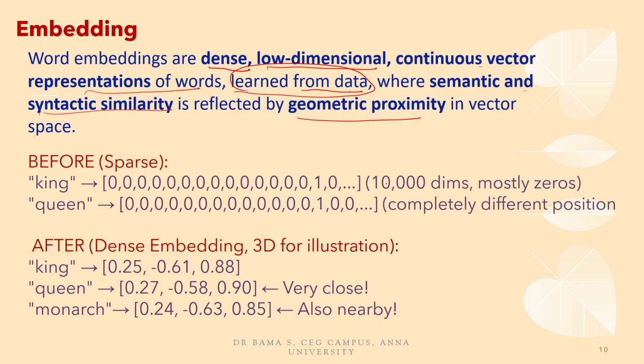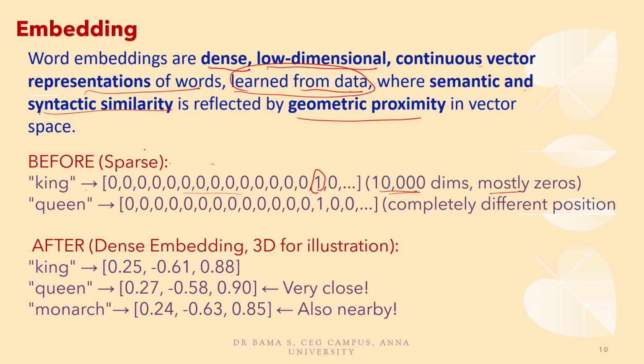These are the two examples that represent king as a sparse vector using one hot encoding that we did before. If we just use only one hot encoding, you can see that at only one place there will be 1 and all the other places it is 0. So it can be approximated as 10,000 dimensions with mostly zeros, that is sparse.